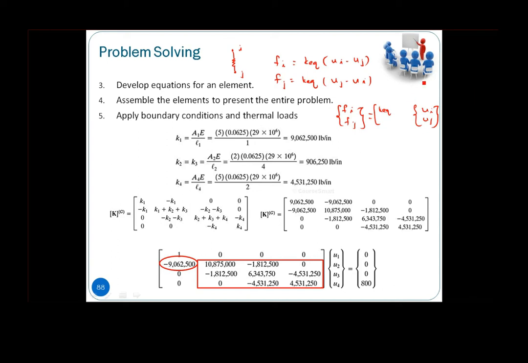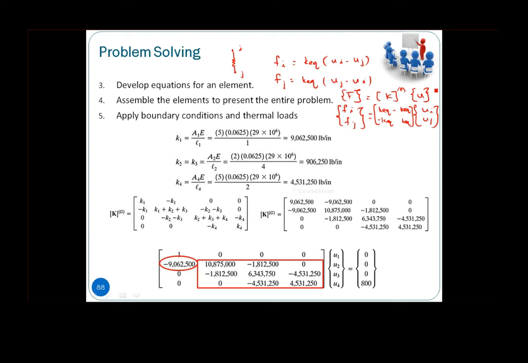So that is F equals K element times U, for one element itself.